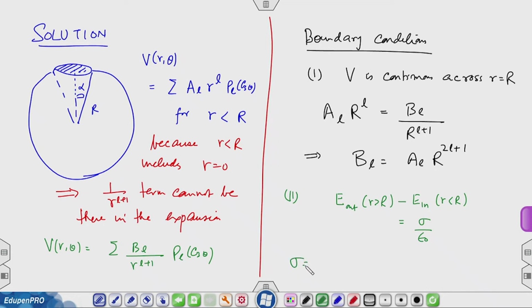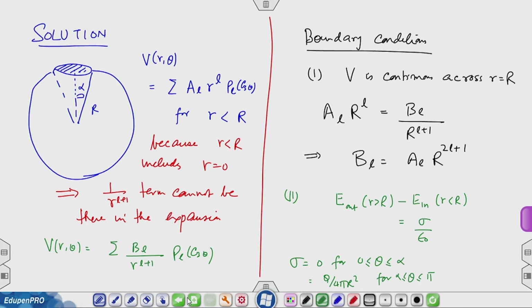Sigma is 0 for theta between 0 and alpha, and is equal to q over 4 pi R square for theta between alpha and pi. That is the other condition I am going to use.